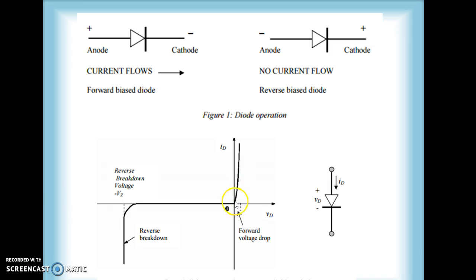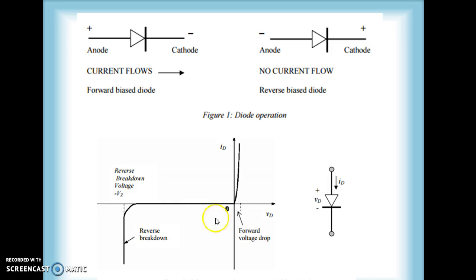This is shown by this curve, which is parabolic. This is the forward voltage drop, 0.7 volt for silicon and 0.3 volt for germanium. This is the forward characteristics. After eliminating the barrier potential, the current will start to increase through the diode as we increase the voltage.